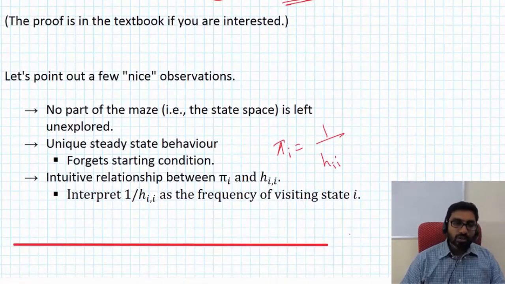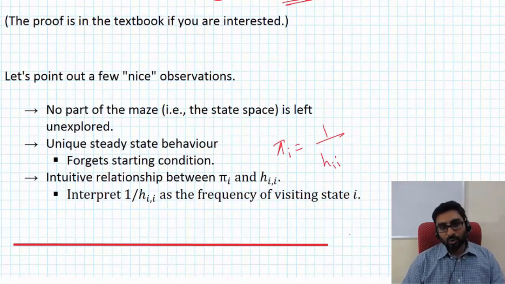And just to reinforce our intuition, let's make a few nice observations. Notice first that for a finite, irreducible, and ergodic Markov chain, the stationary distribution is going to be such that no part of the maze is going to be left unexplored. Every state is going to be explored.